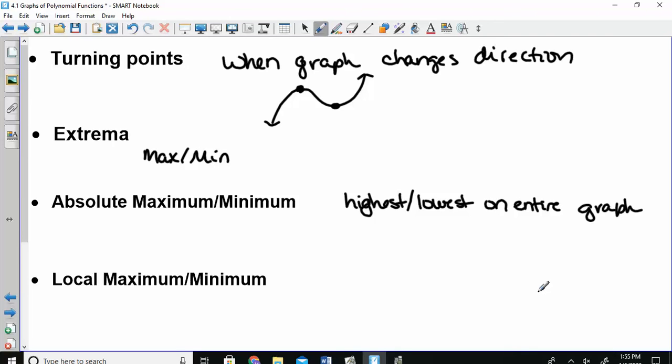Okay, so you look at the whole graph and you can find a point where nothing else goes above that, or nothing else goes below that. A local, it doesn't have to be the highest or lowest on the entire graph, it's just higher or lower than the surrounding points.